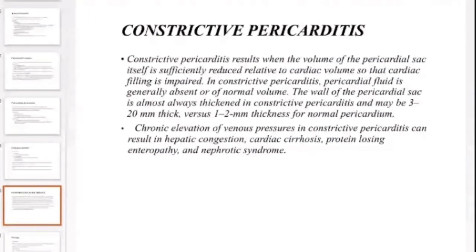Because of this constriction, the inflow to the heart is restricted. All the venous return is restricted. So you have hepatic congestion, and if it is long-standing, it leads to cardiac cirrhosis, and also leads to protein-losing enteropathy and nephrotic syndrome.